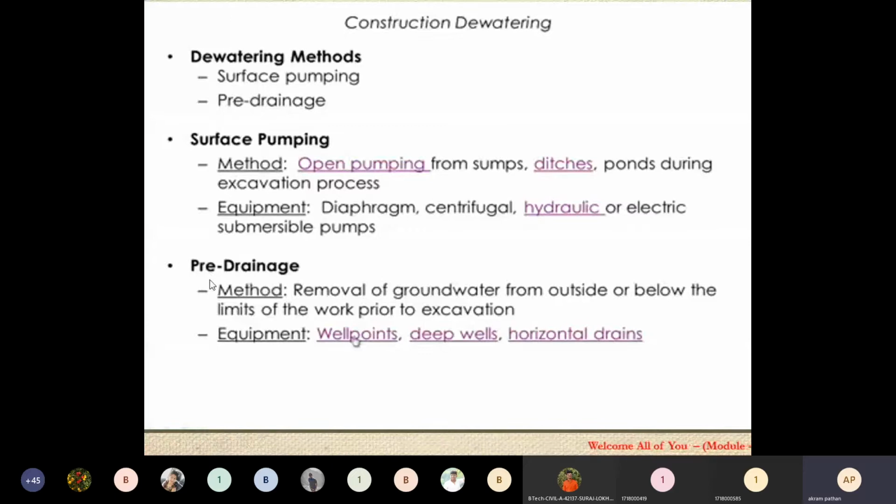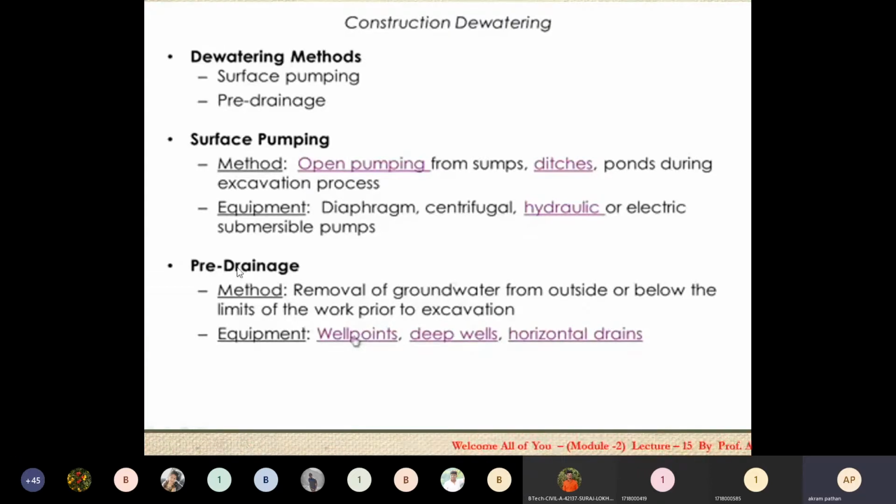The other main method of dewatering is pre-drainage. What do we mean by pre-drainage? It is the removal of groundwater from outside or below the limit of the work prior to excavation. So before starting the excavation, if groundwater is available outside or below the limit, then we require prior removal of that water before excavation.